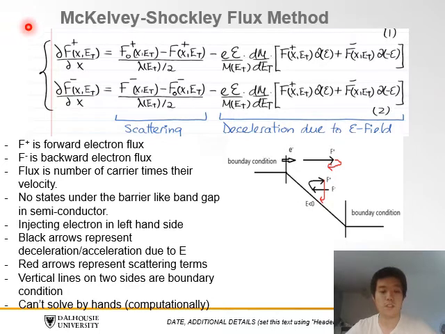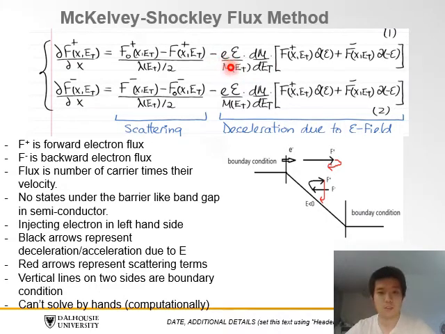In the equations, flux is the number of carriers times their velocity, where F plus is the forward electron flux and F minus is the backward electron flux. Lambda is the energy-dependent mean free path. M is the distribution of modes, which is also energy dependent.